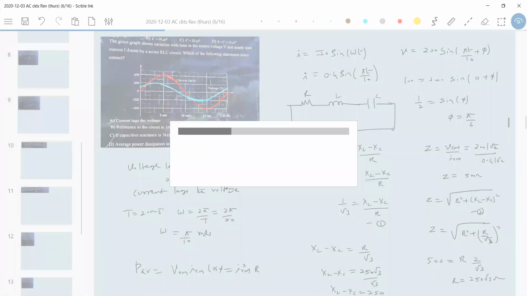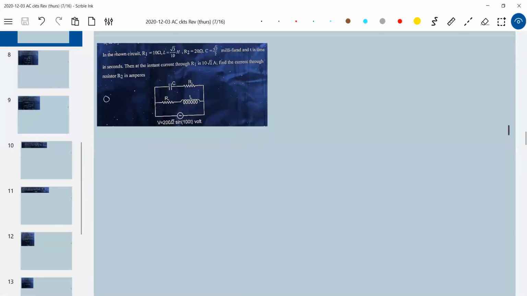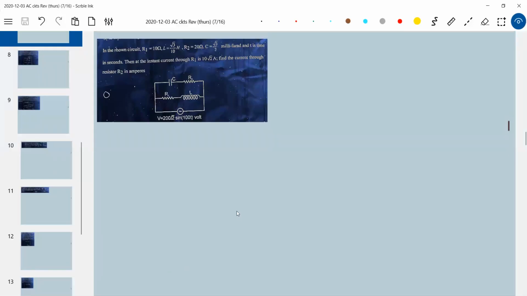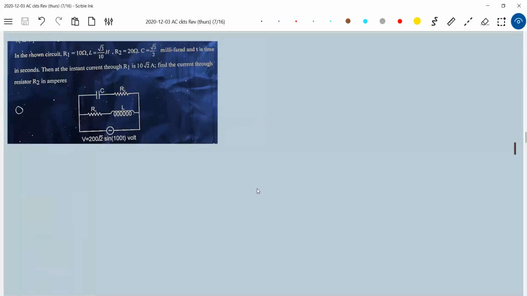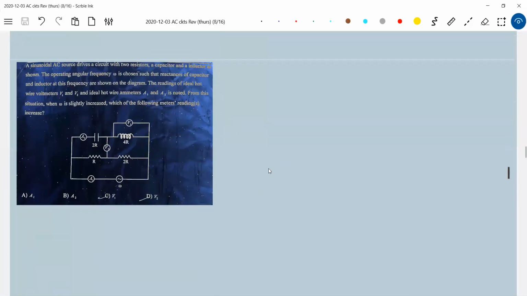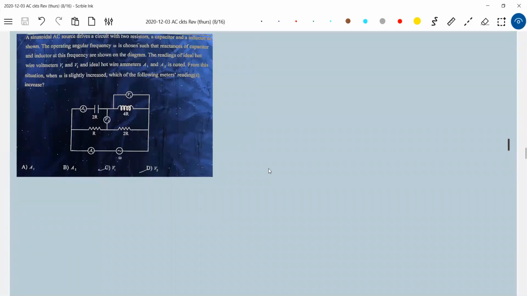We'll see the next ideas. There's a parallel one. If you can manage, I'll go for the next one. You can try this, the same idea. Okay, think on this one.